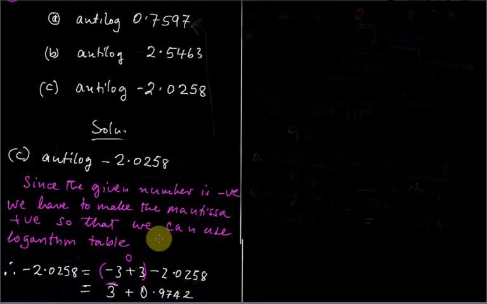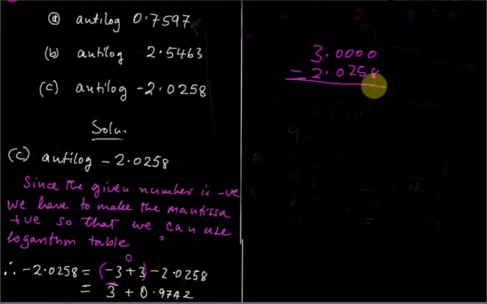Now you do the addition of 3. You will perform 3.0000 minus 2.0258 to make the mantissa positive, and this will give you 0.9742. 9 minus 5 is 4. 9 minus 2 is 7, and we have 9 here. Then we have 0.